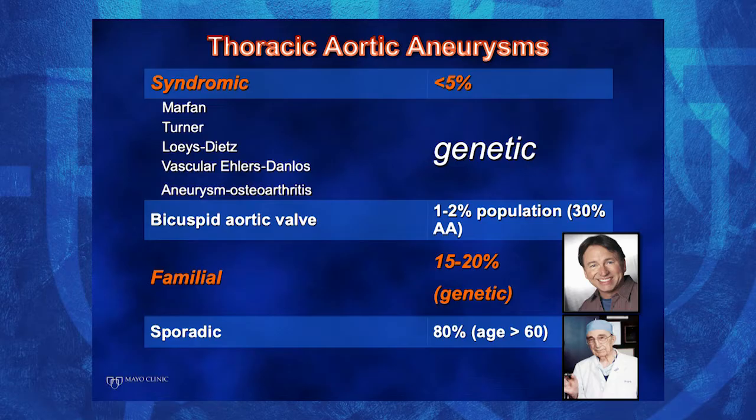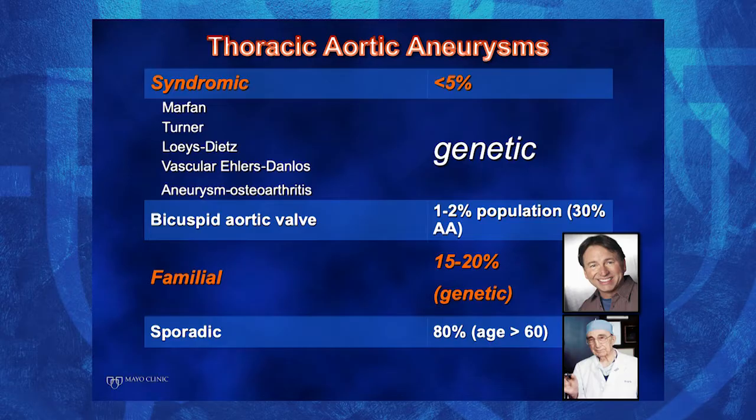Then we have the familial form. The familial form, usually you will hear a patient that tells you that their father or their grandfather or their brother had a problem with dilatation of the aorta in the chest. So it runs in families, and we can check a specific battery of genetic tests to identify what gene is involved in these familial cases.